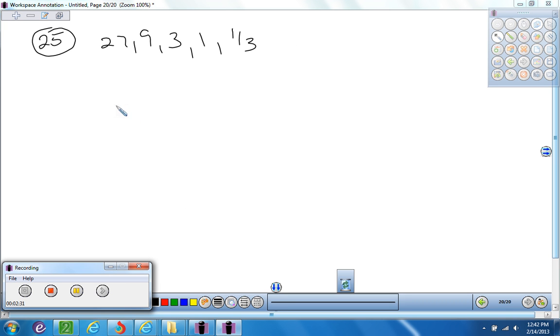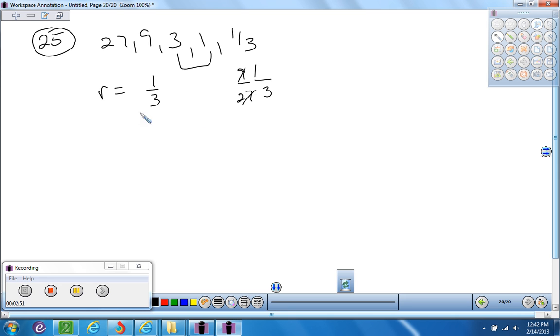All right, for question 25, another geometric sequence. We can find our ratio by taking any two terms in the sequence. So I'm going to take 1 over 3, and that gives me a third. So that's our ratio. Now I could do the same thing with 9 and 27. I'll have to reduce this, but you still should end up with a third for your sequence.